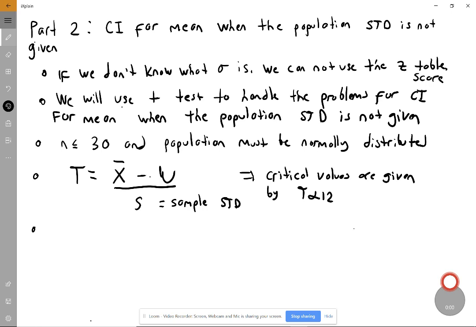The t-distribution has a parameter called degrees of freedom.